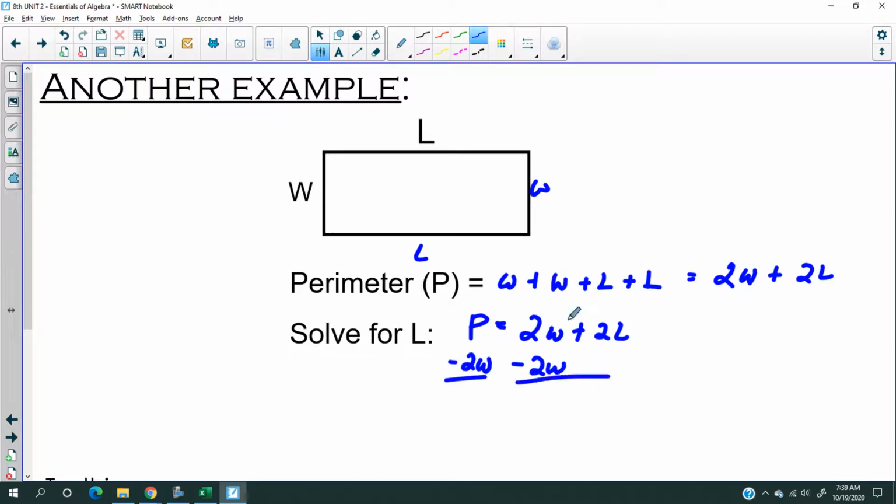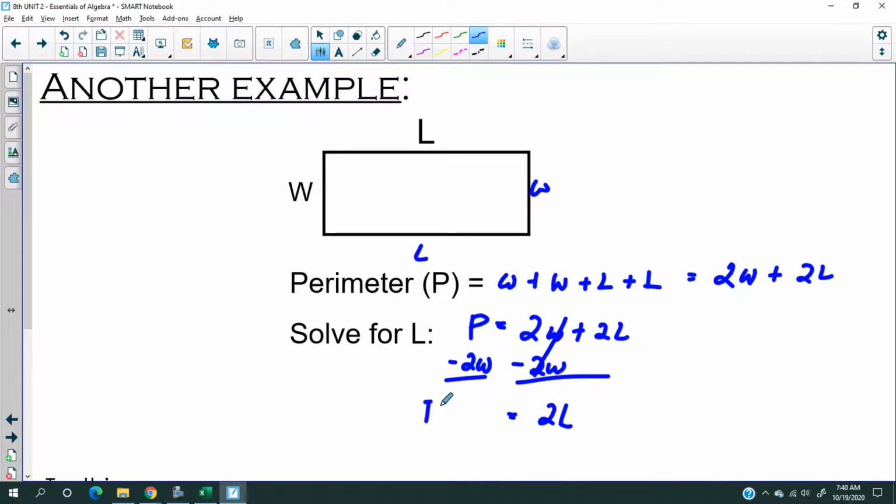Again, if you don't get this the first time, it's okay, because we're going to do this one more day tomorrow, with a video from YU, which is pretty good. The other way is to get some practice in Delta Math, and the third thing is obviously to find me for extra help. So here I got 2L, and I'm just going to bring that down. Here we got P minus 2W.